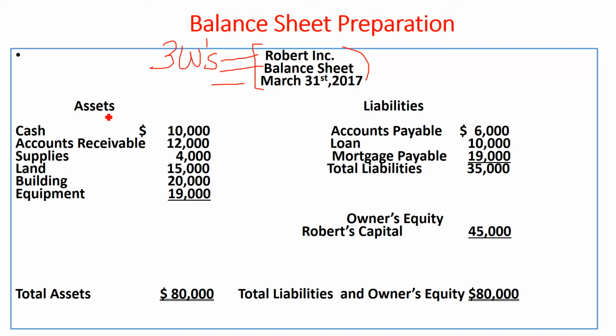In the case of the balance sheet, these are the assets. In assets we have cash, accounts receivable, supplies. These are called accounts: cash account, accounts receivable account, supplies account, land account, and so on. We have to arrange these accounts according to liquidity.